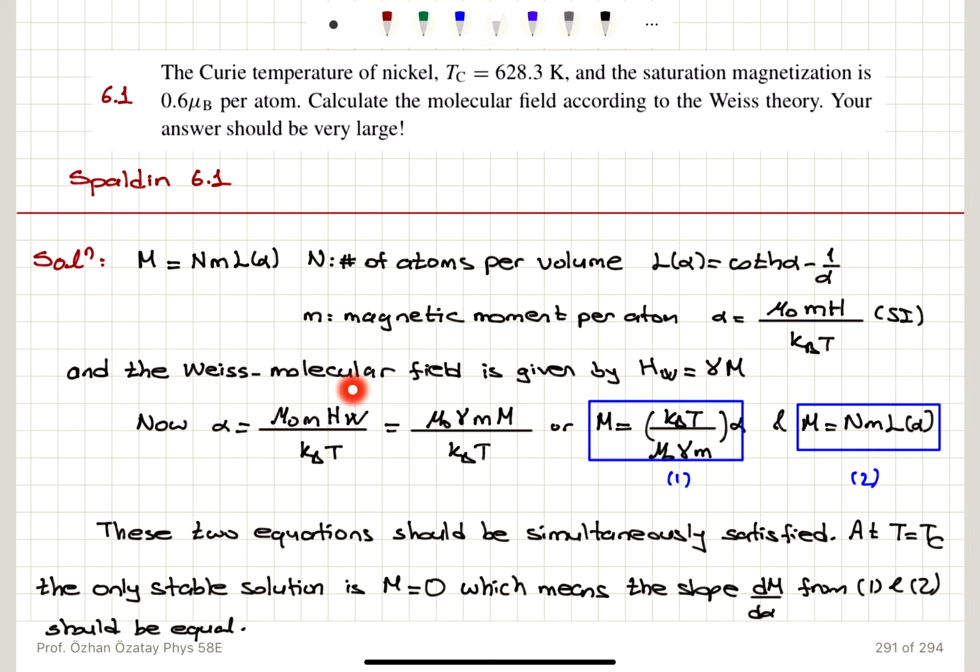Now the Weiss theory tells us that there's a Weiss molecular field which is related to magnetization, gamma times M. So putting these two together, we find that the magnetization has a linear dependence on alpha on one side, and it is varying with the Langevin function on the other side. And these two equations are simultaneously satisfied at the Curie temperature at M equals 0. So the slopes of these two should be the same. So this is what we have shown in the lecture.